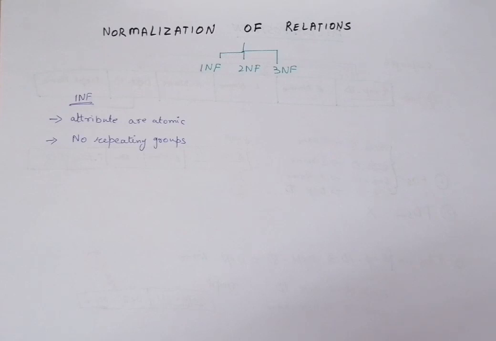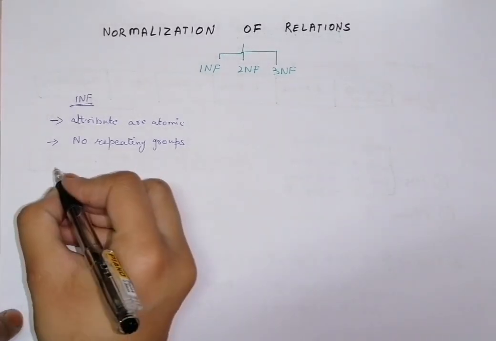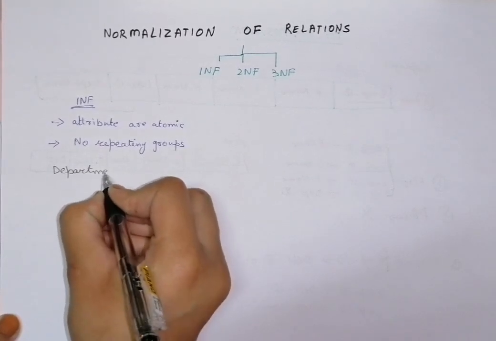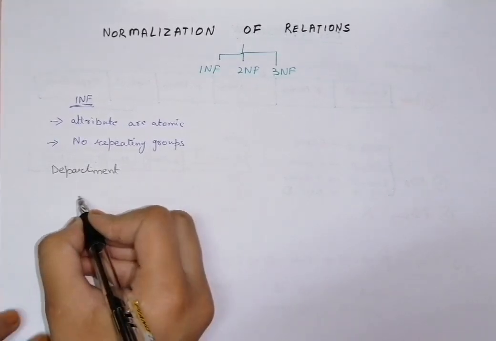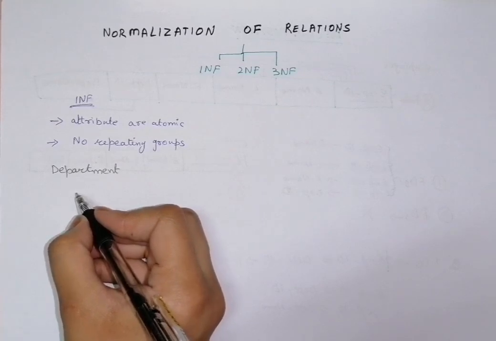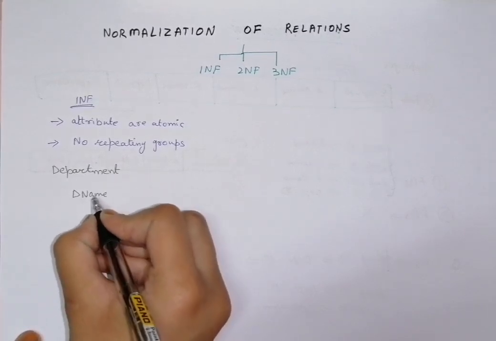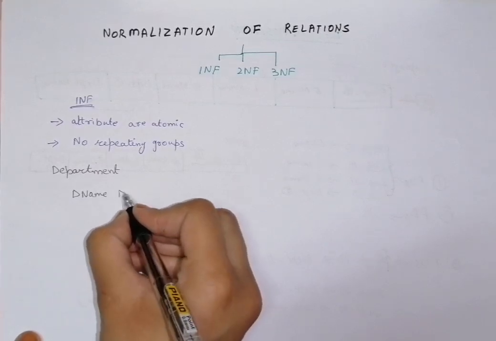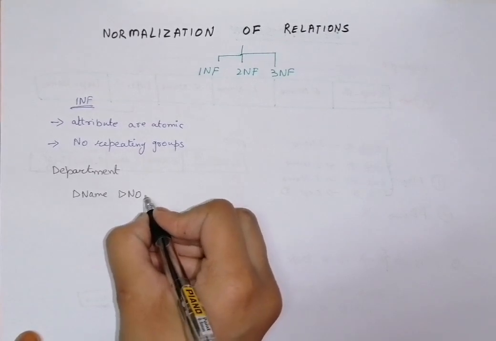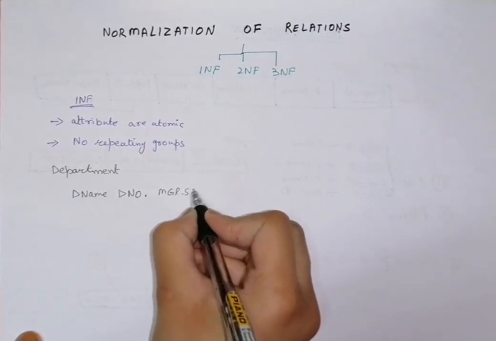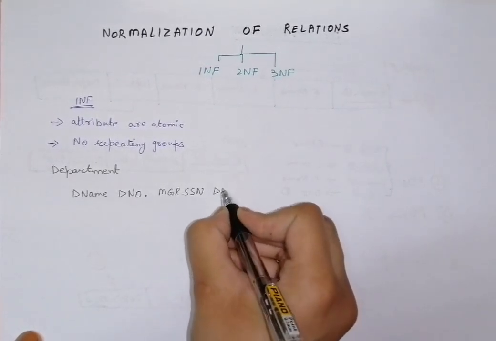So in order to get a better understanding of that, let's consider a relation department. This particular entity has certain attributes like department name, maybe its unique identifier as department number, manager SSN, and let's say department location.